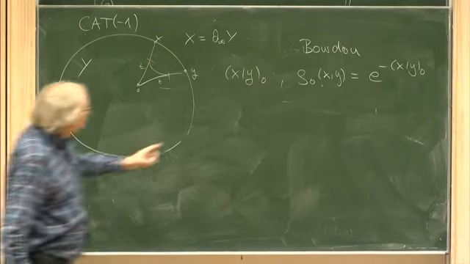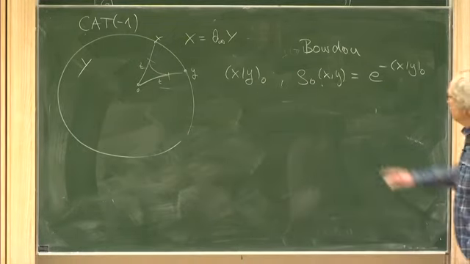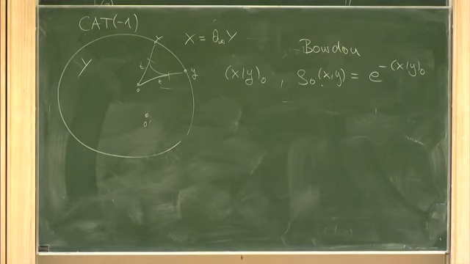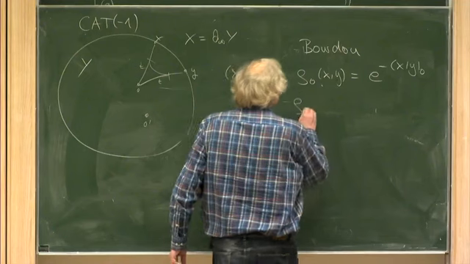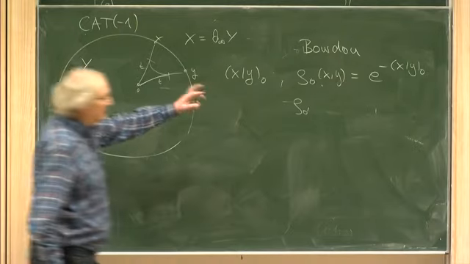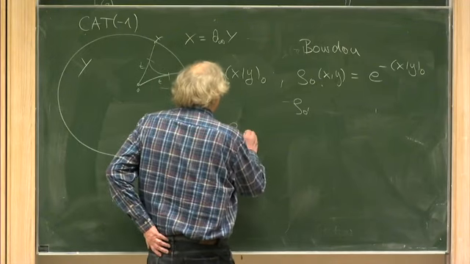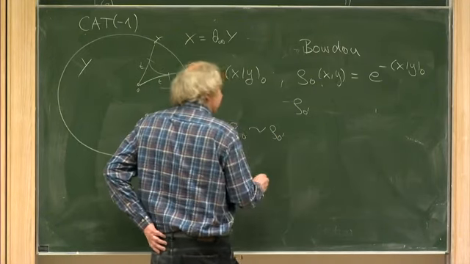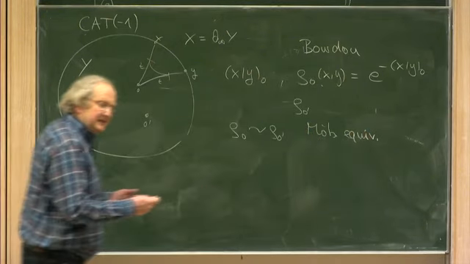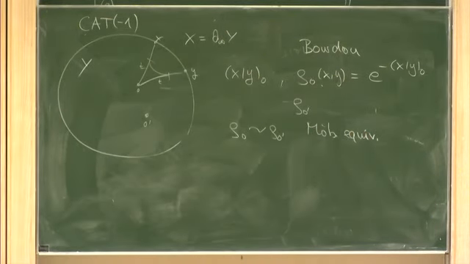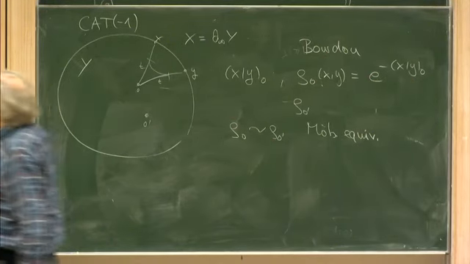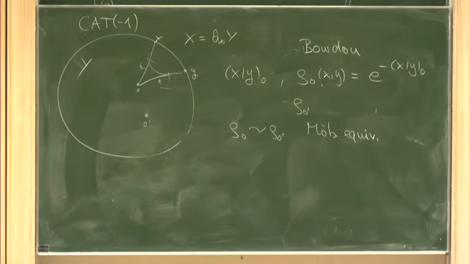Of course, the metric very much depends on the base point O, but it is easy to see that if we consider another base point O prime, these two metrics are Moebius equivalent. This means they define the same cross ratios, or the same cross ratio triple and so on. So they define the same Moebius structures. They are in the same equivalence class, and so they define the same Moebius structure.